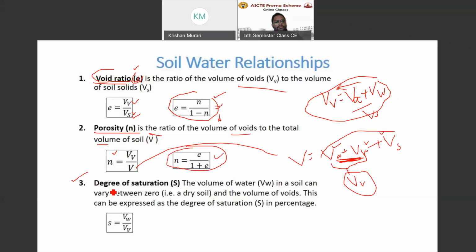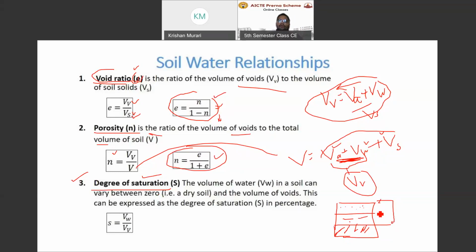Now the third term is degree of saturation. What is the degree of saturation? We know that soil has three phases: the first phase is solid, the second is water, and the third is air. Degree of saturation is related to the voids.